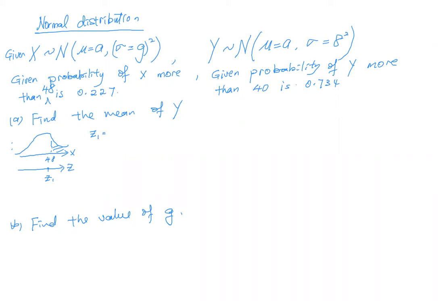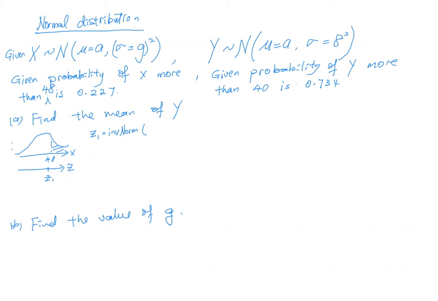Okay, Huyin, can you give me the value of Z1? Miss, you want the mean of Y or X? Mean of Y. Okay, so I'm wrong. I have to ask for mean of Y first, and the mean of X is the same. So I'm using the wrong one already.